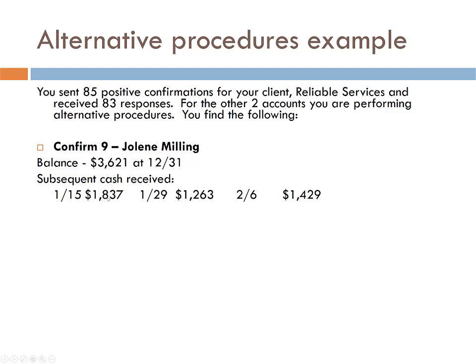It's not just that plus that, 1837 plus 1263. It's likely a portion of each of these, and maybe even a portion of that third receipt on February the 6th. So it's, again, more work. I'm pulling more documents, investigating more documents, spending more time as an auditor, trying to track down this one confirmation.